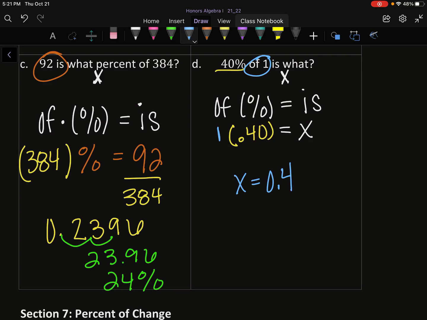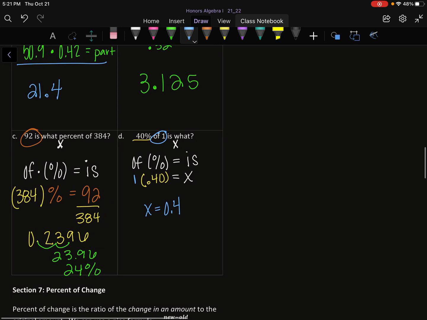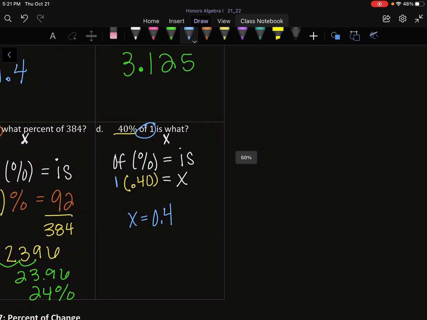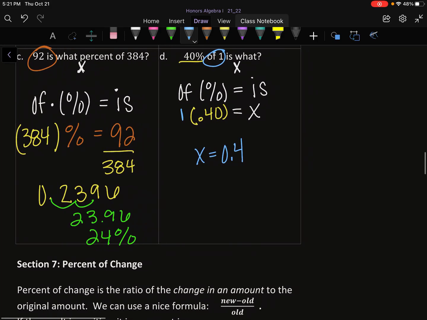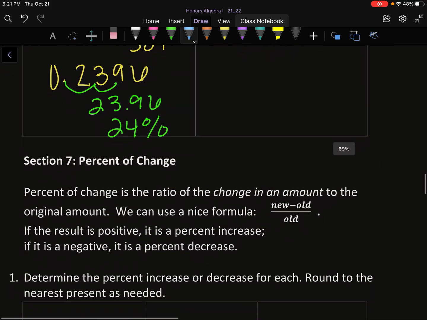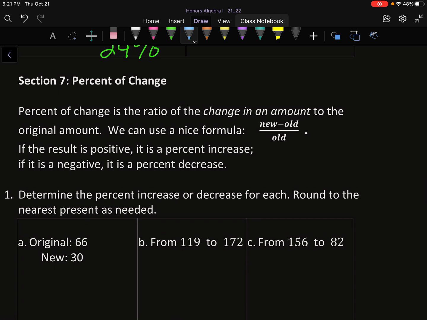Not so bad. So now we're going to be talking about percentage of change, where we have a new amount or an old amount and need to find if there's a percent increase or decrease. So, percent of change is the ratio of the change in amount to the original amount.